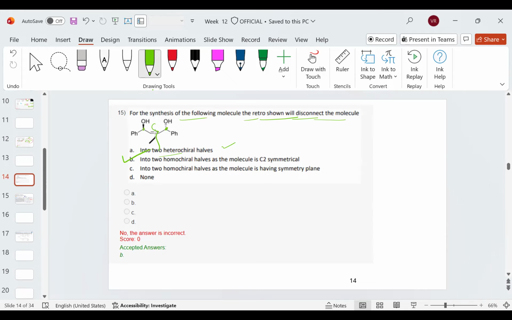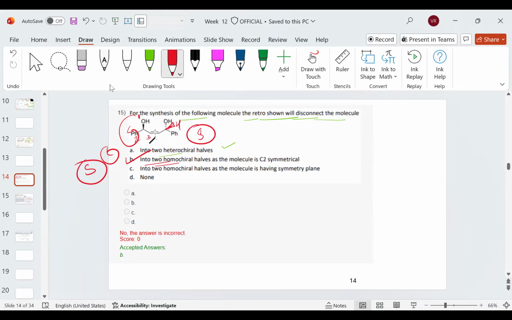So basically, we have divided into homochiral compounds. Let's assign the stereochemistry: one, two, three, so it will be S configuration. In this case also, you can see one, two, three. This R changes to S because the fourth priority group is directed upward. So both are S, and we have converted this into two homochiral halves.